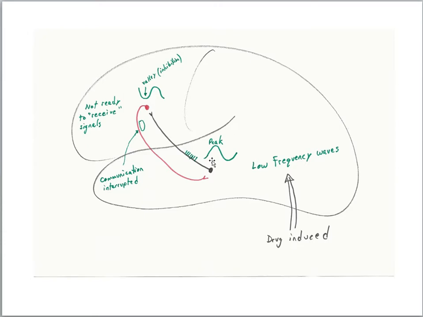Of course, this is useful for surgery. And the idea here is that drug-induced cortical activity is more like a reversible coma, not like sleep. But what's common is this synchronization pattern, that you get these low frequency waves all over the cortex that interfere with the communication between neurons at different locations.